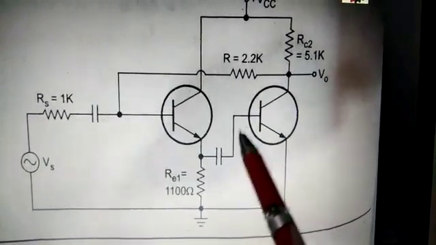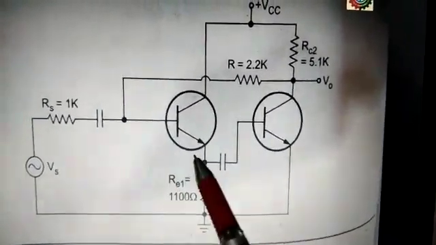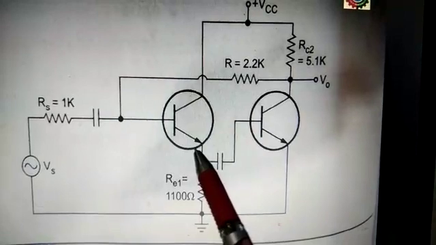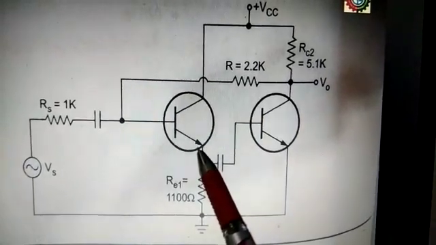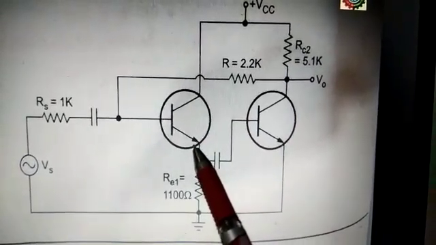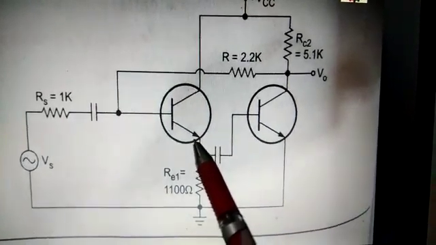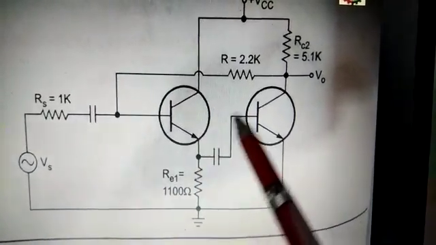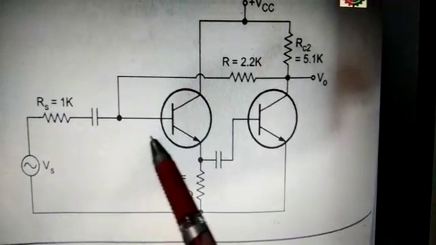The first step is to identify the topology of this feedback amplifier. I have already told you I will take the problem of a two-stage amplifier with voltage shunt feedback. So the topology, of course, is voltage shunt. But how do we identify this?